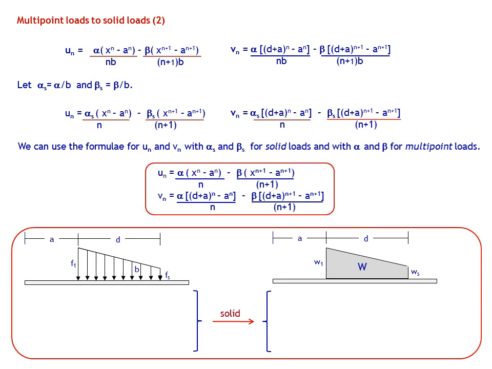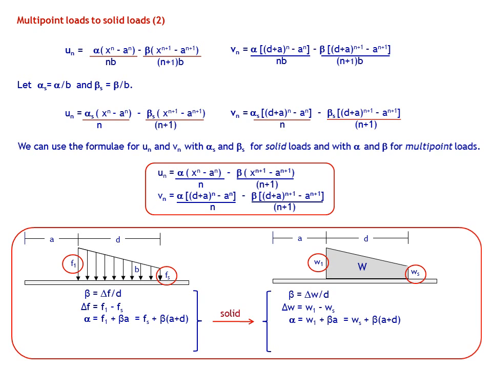For example, beta, which was defined to be delta f over d, where delta f was the difference in the endpoint loads f1 and fs, now becomes delta w over d, where delta w is the difference in w1 and ws, where w is the load per unit length of a solid load. Similarly, in the definition of alpha for a multi-point load, f1 and fs become w1 and ws when we move to a solid load.